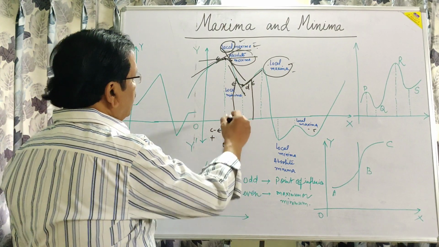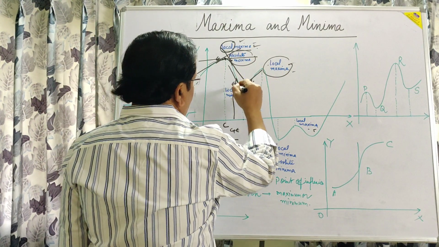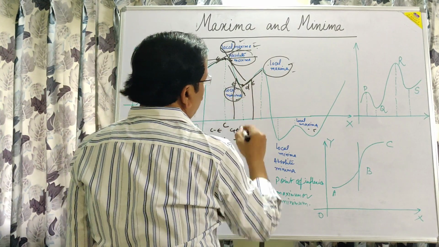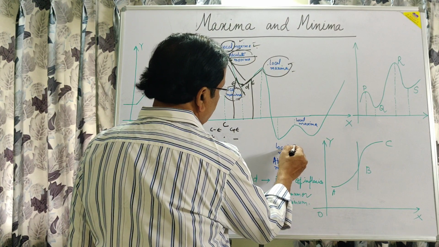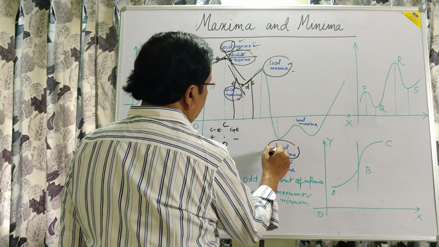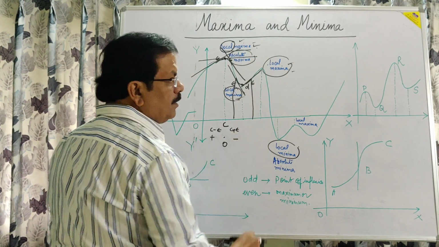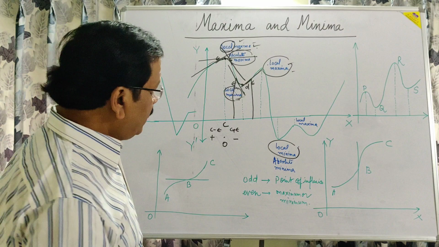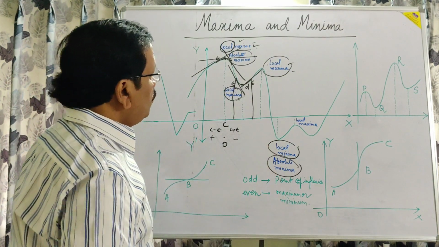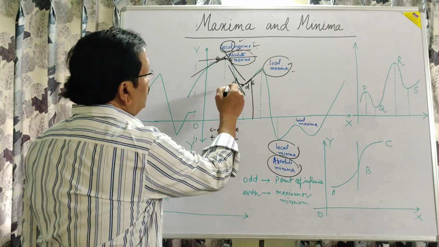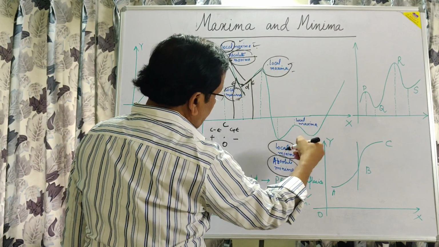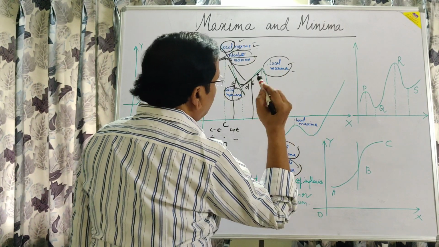In the same way, in case of local minima, see, this is a local minima, this is also a local minima, and from these 2 local minima, whichever has the minimum value will be taken as the absolute minima. Overall in this curve we are getting 3 local maxima.